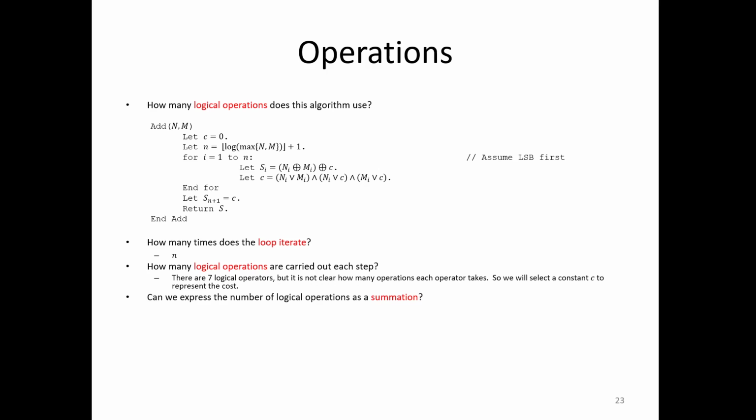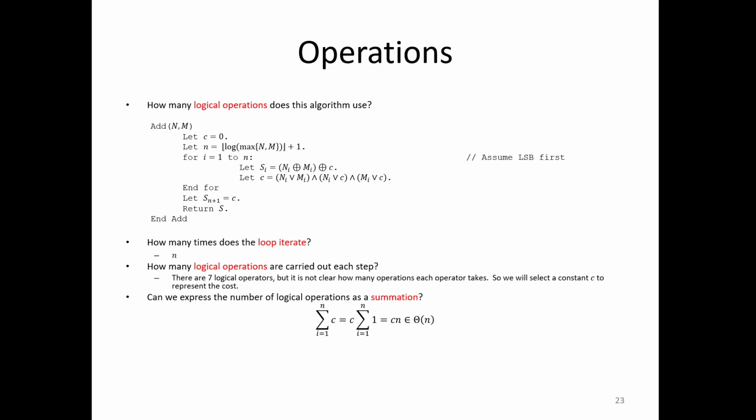That means that we can express the number of logical operations carried out by this function or this sum as the following summation. So again, the first sum here is the one that we just worked out.